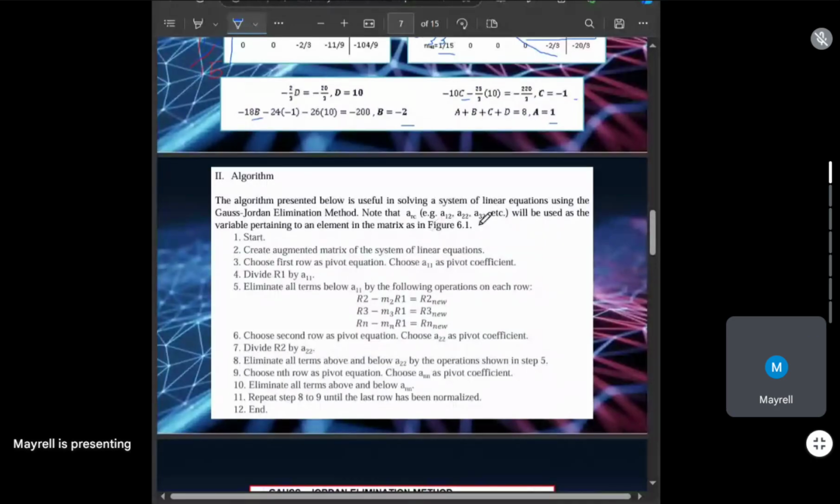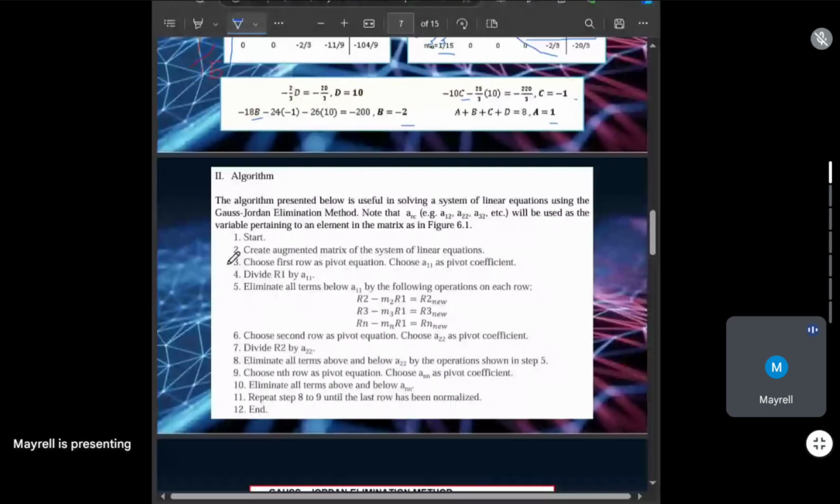Ano. So you have here first start, second create augmented matrix of the system of linear equations. So third choose first row as pivot equation. Choose A11 as pivot coefficient. Divide R1 by A11. Eliminate all terms below A11 by the following operations on each row.